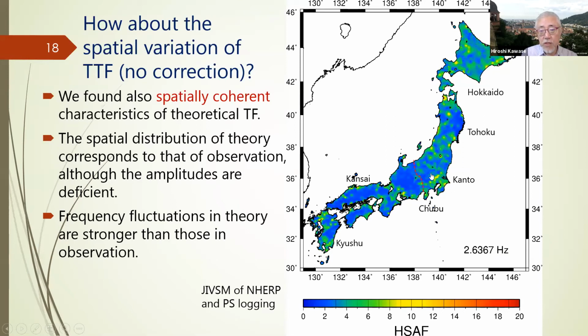And we see that when we use the theoretical transfer function, we see quite large deficient amplification, as well as systematic fluctuation from frequency to frequency. That's a big difference, as we already saw in Kanto and Tokai region, so we also need that kind of FMR AMR correction. However, we haven't done it yet for the whole Japan.